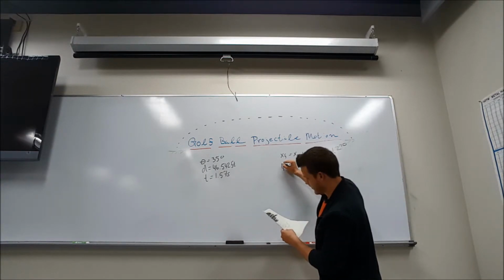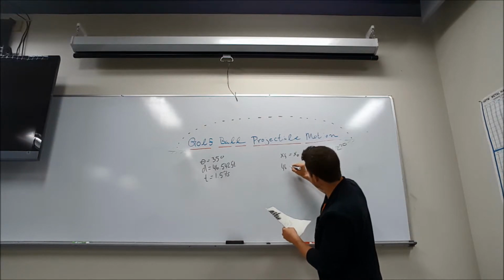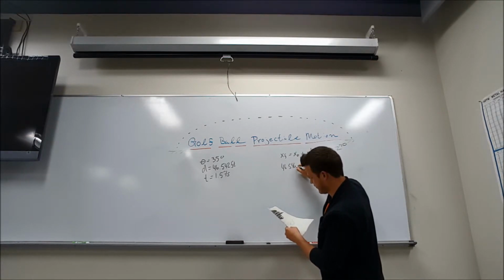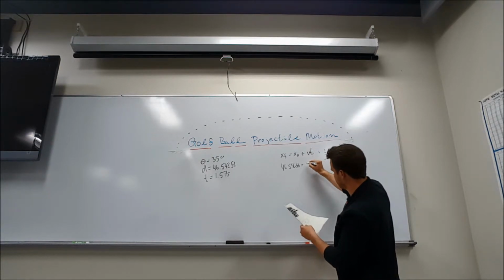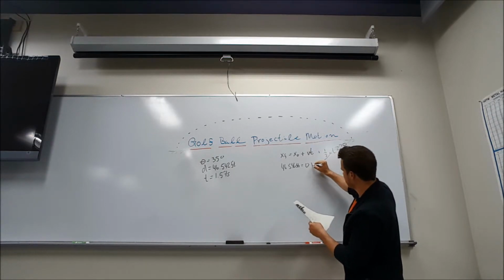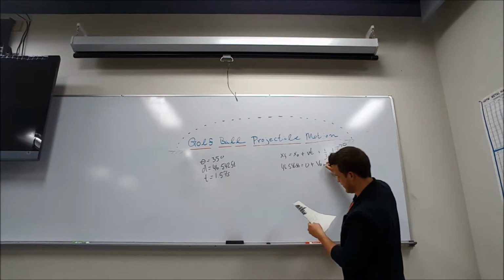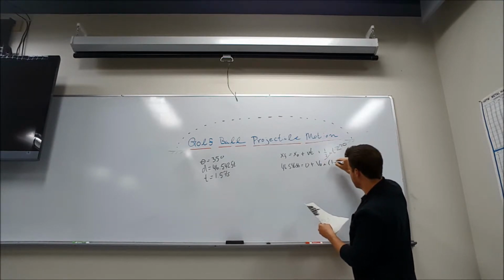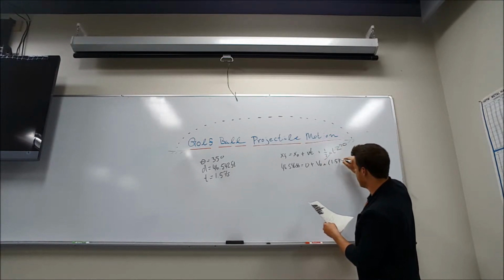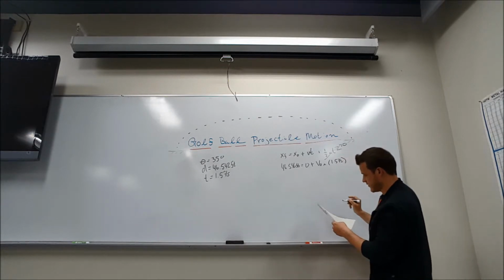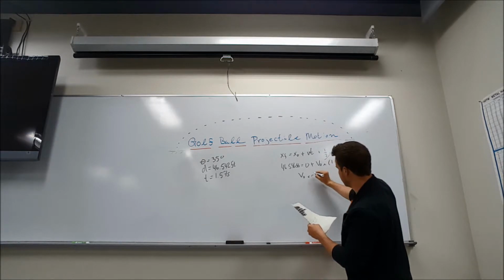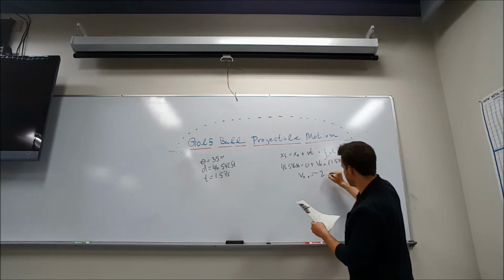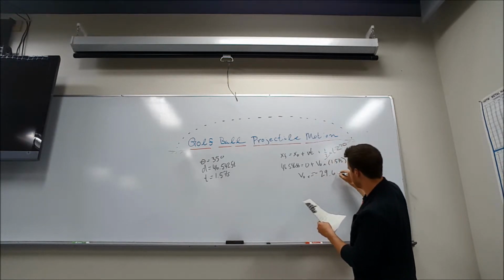And now we just plug in the numbers. 46.542 feet equals the initial start of the distance, which is 0, plus v naught in the x direction times 1.57 seconds. Therefore, v naught in the x direction is going to be about 29.6 feet per second.